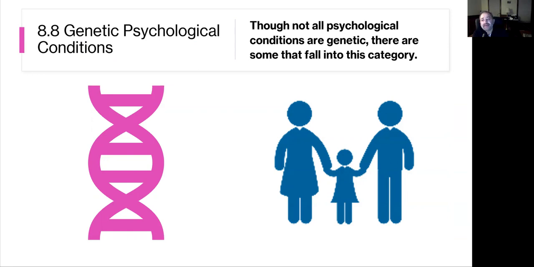This means that if a child is born to a parent who has one of these conditions, he or she is at risk of developing these conditions themselves.